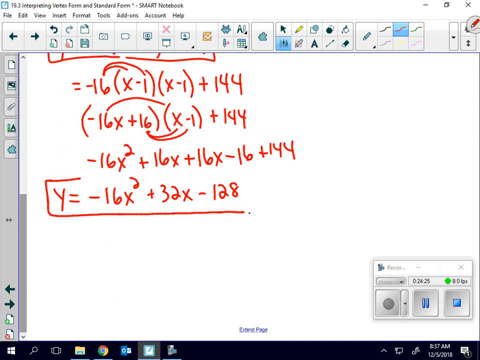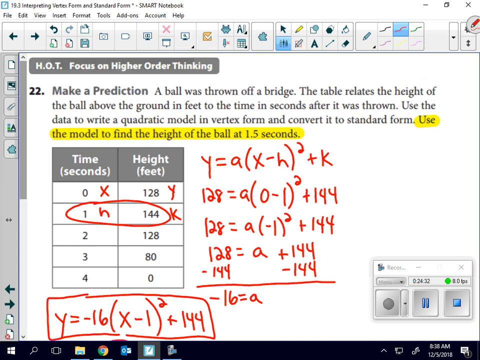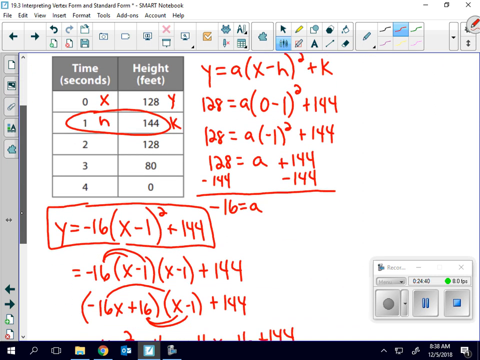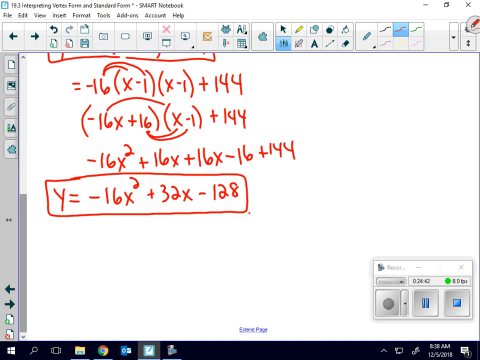Again, use t if they want you to use t. And the last part was to estimate or use the model to find the height of the ball at 1.5 seconds. So if the x is the time in seconds, I can just plug in 1.5 for x.